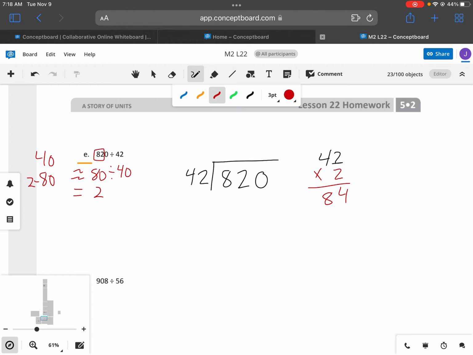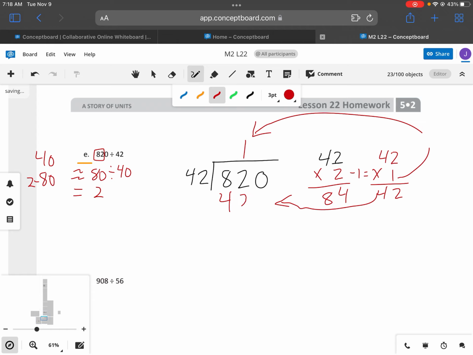So what I'm going to do is I'm going to subtract 1, and I'm going to do 42 times 1, which of course is 42. So what I'm going to do is put the 1 right here, and I'm going to take the 42 and put it right there to subtract it from the 82. And what I get is 40.